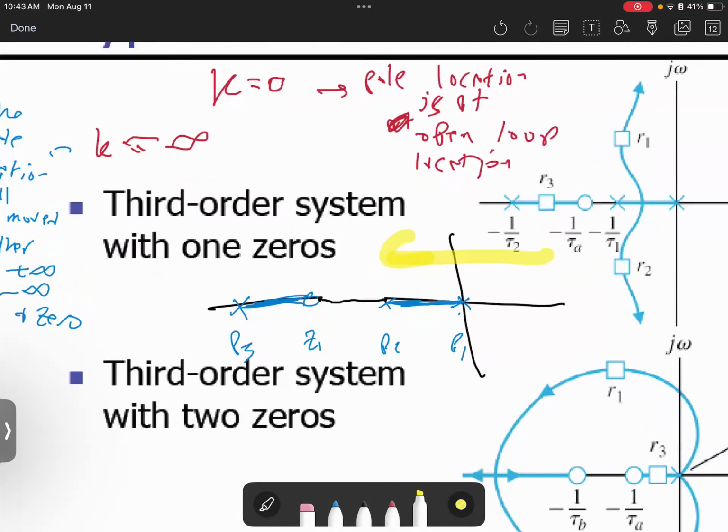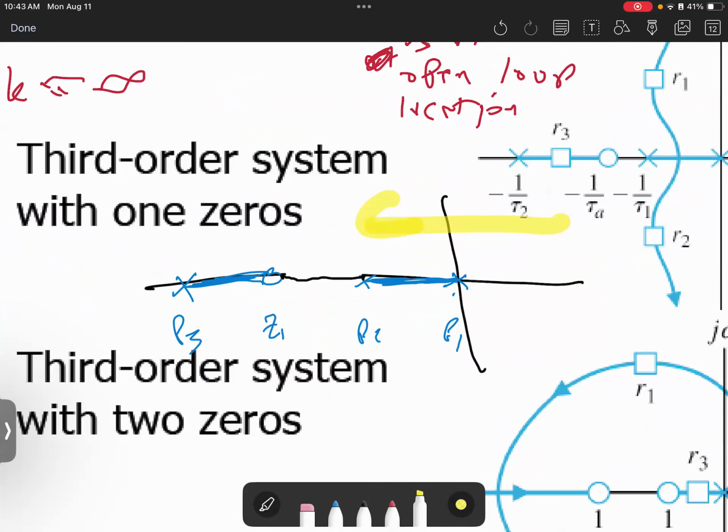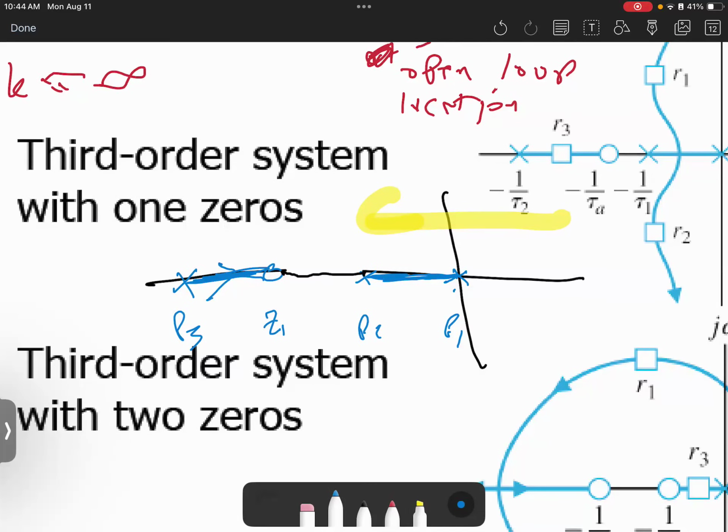So what's happening here? When you look at the region, the pole will go either to infinity or negative infinity, or it can go toward a zero. Look at P3 and Z1. The region from P3 towards Z1 is the only path between P3 and Z1. Therefore, the pole will move from P3 towards Z1.